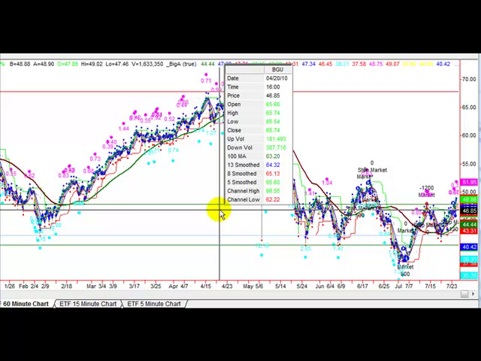So the risk per share, if you subtract our entry from our stop, that is $1.39.